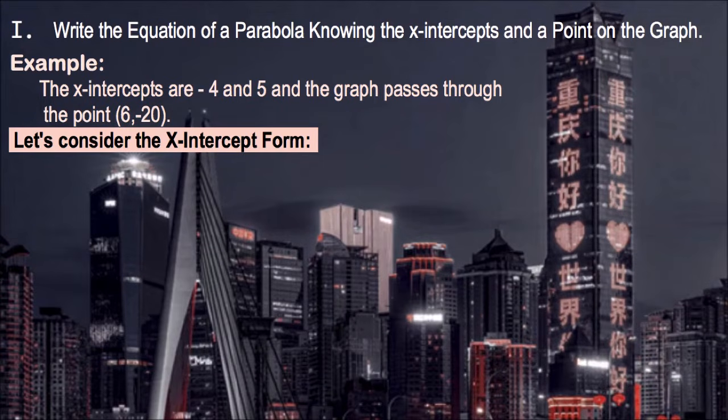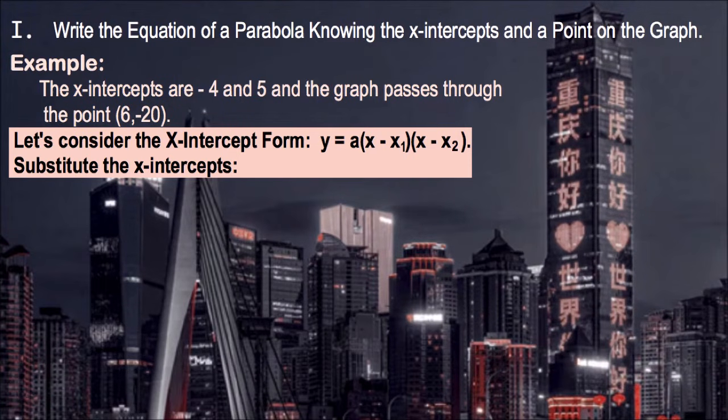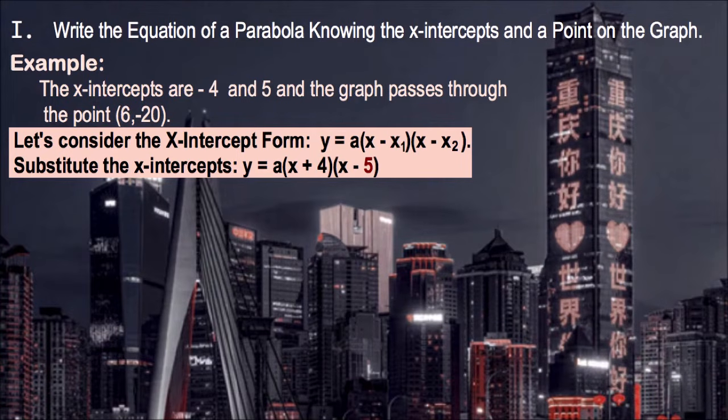To do this, let's consider the x-intercept form, where y equals a times the quantity x minus x1 times the quantity x minus x2. Substitute the x-intercepts. Y equals a times the quantity x plus 4, because we have x minus negative 4, positive 4, times the quantity x minus 5.